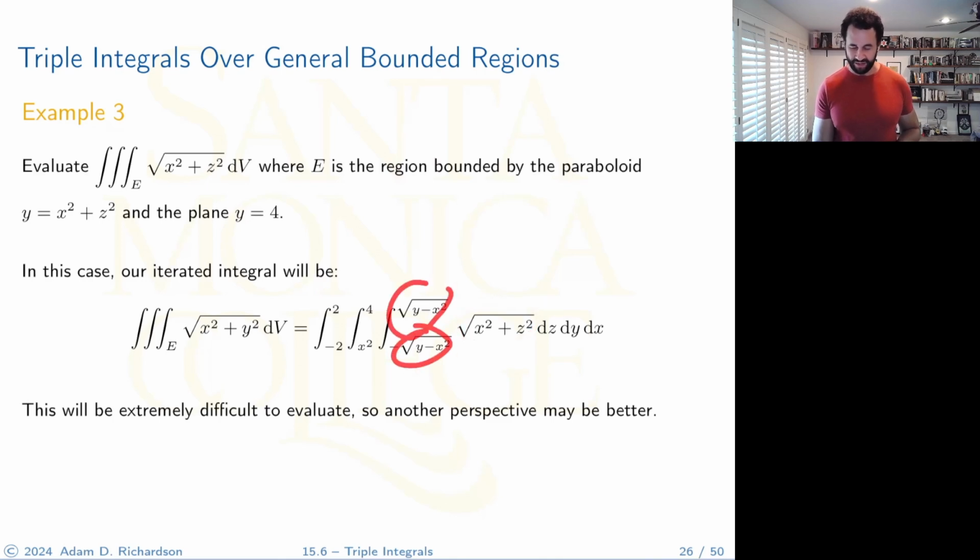And these are my bounds, and how messy is it going to be? I'm not saying it is impossible. It's likely possible, but it feels like there should be an easier way. So maybe we need to rethink the way that we're scanning our region, and then maybe there's a more effective way of scanning it.